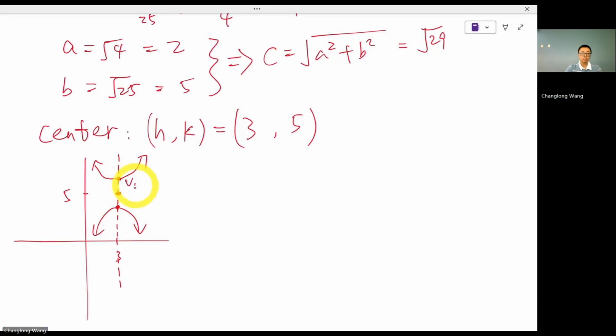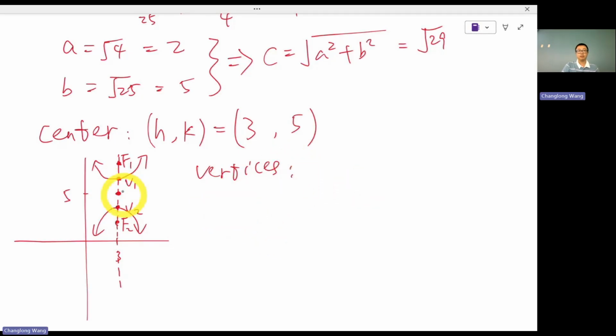Vertices V1, V2 are here. Foci are one up there, one down there. So now, instead of going through everything in this big table to find out what A, B, H and K are, can we just quickly read out the coordinates of the vertices? Vertices.